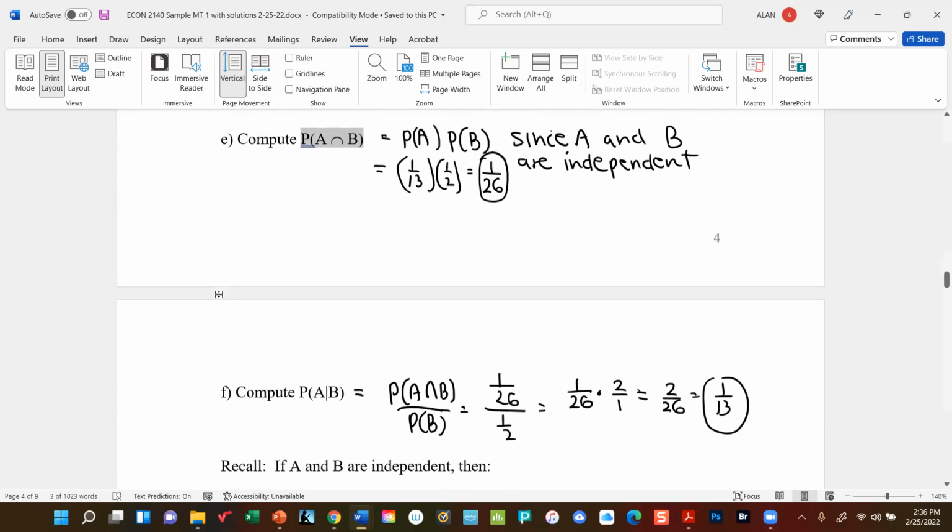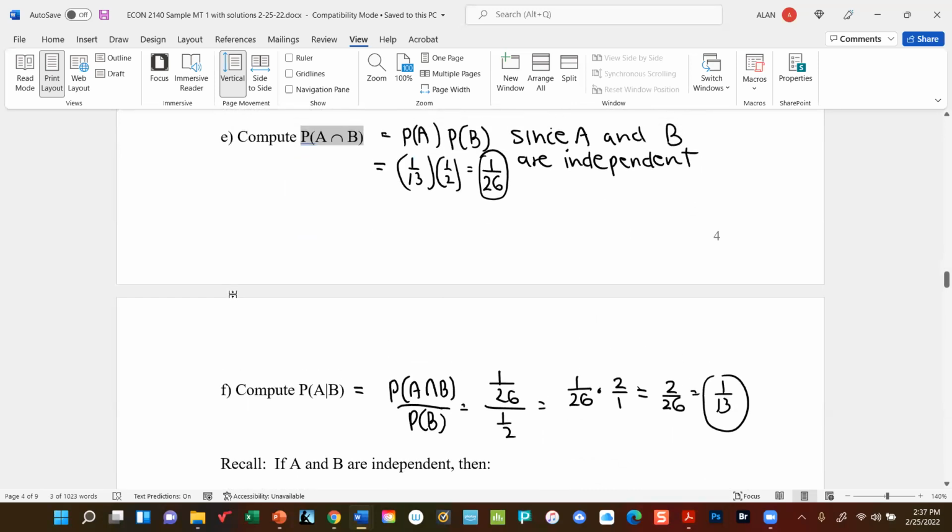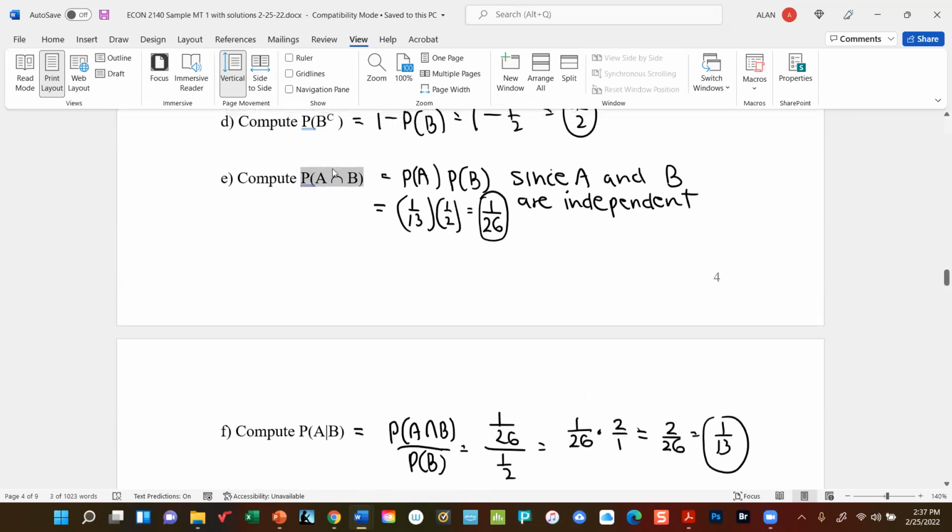Now, that's also helpful in the next two parts because we need to know the probability of A given B, which of course is a conditional probability. And if you recall, the definition of A given B is the probability of A and B divided by the probability of B. So I looked these up from up here.